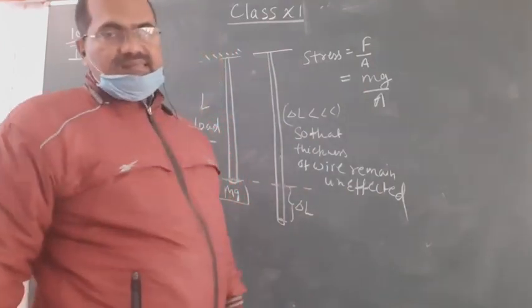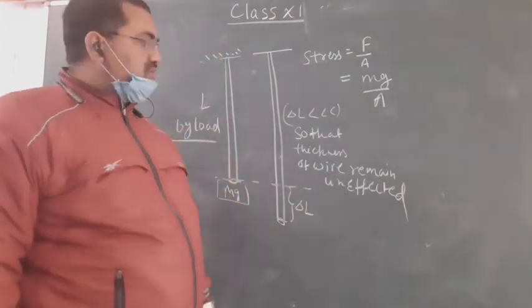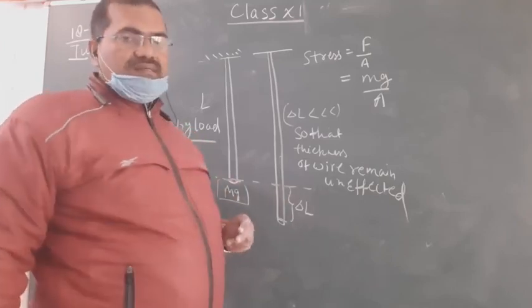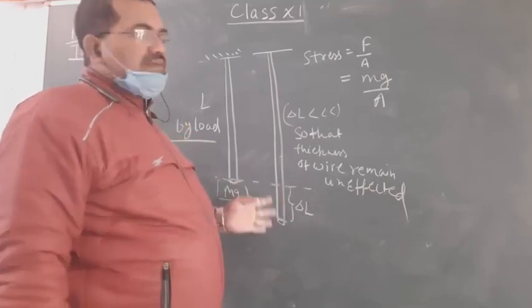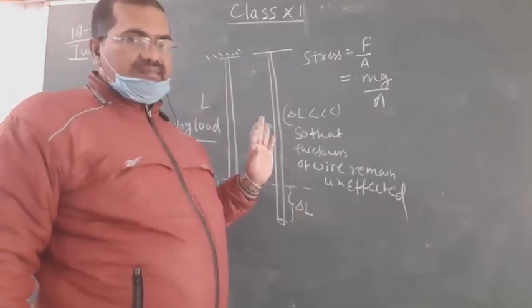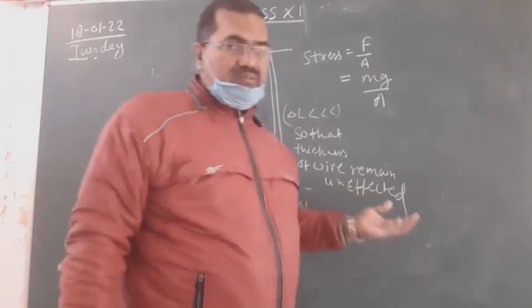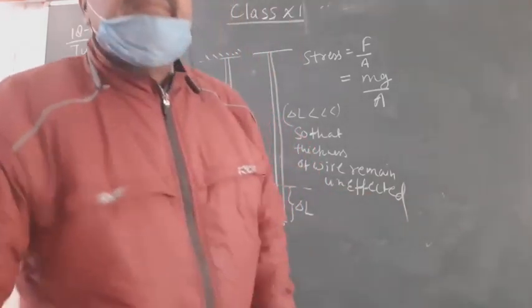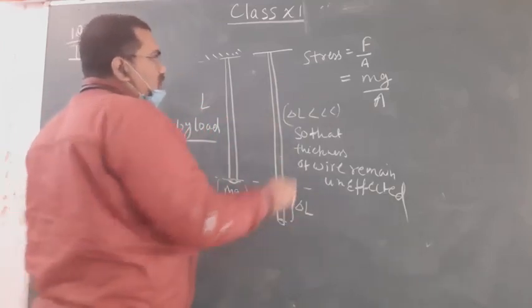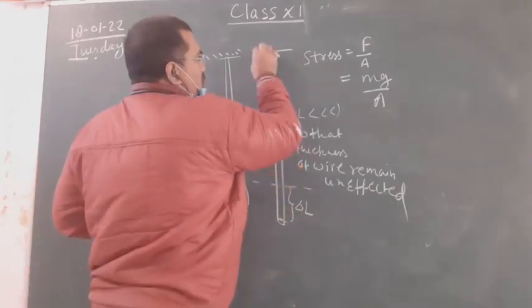This is a normal stress, called tensile stress, because when force acts normal to the surface, then F upon A is considered normal stress. In a linear body it is known as tensile stress, and in volumetric bodies it is known as pressure.